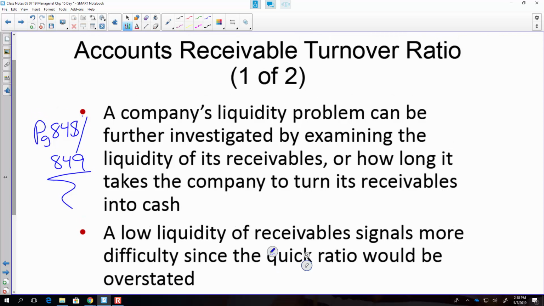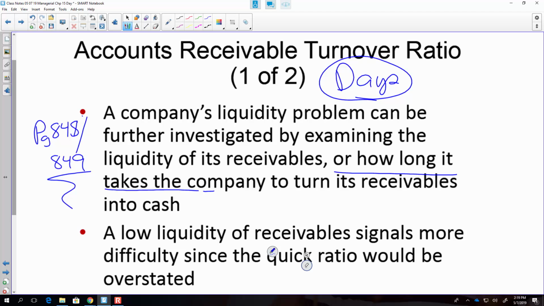We want to investigate how long it takes to take our receivables and turn them into cash. This ratio is normally in terms of days. How long in days does it take to get our receivables paid?